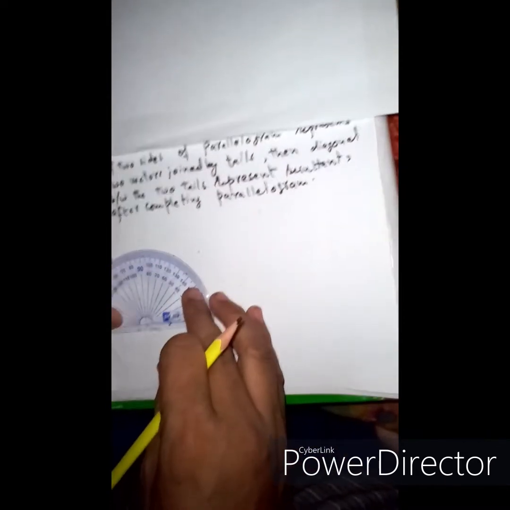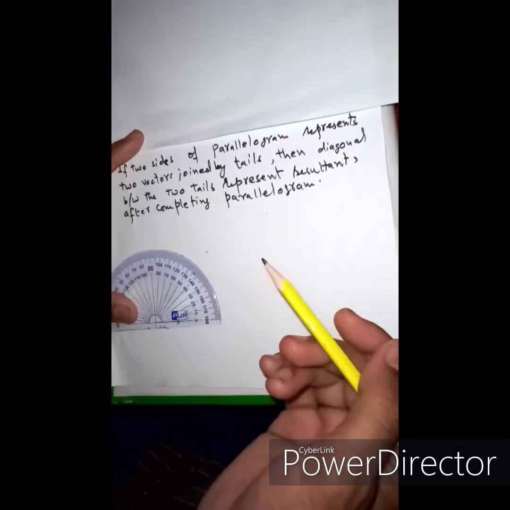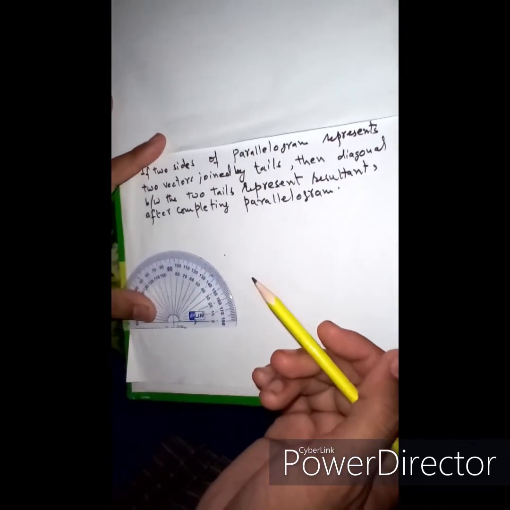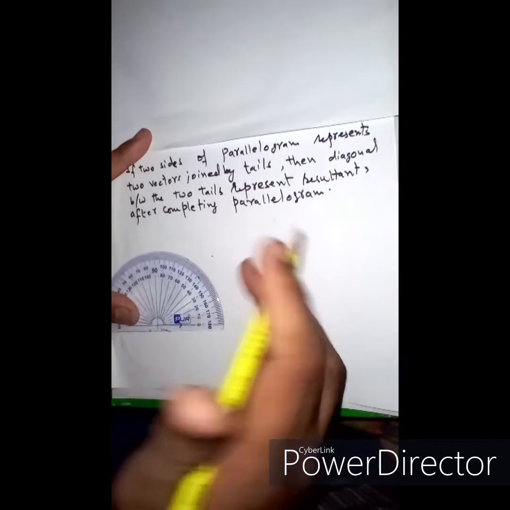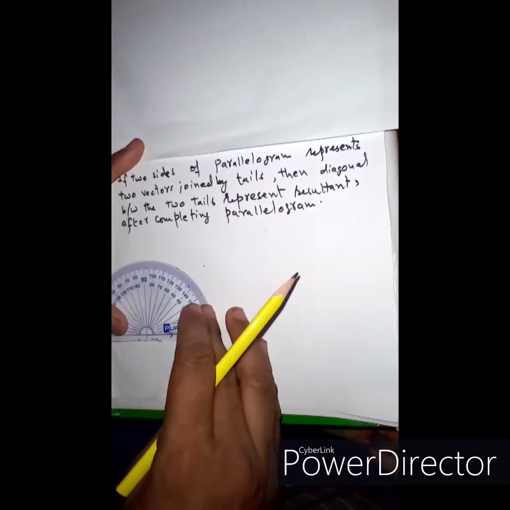We are going to represent the two vectors by their tails, because the parallelogram law of vector addition says that we represent the two sides of the parallelogram joined by their tails, meaning the two tails coincide with each other.